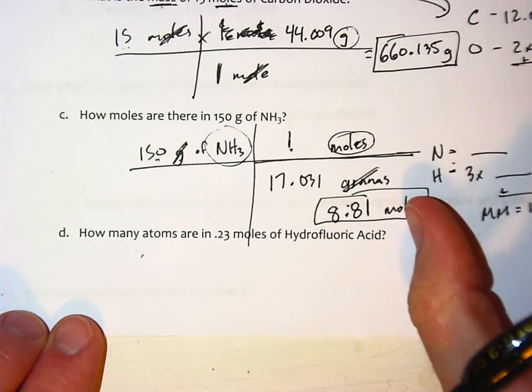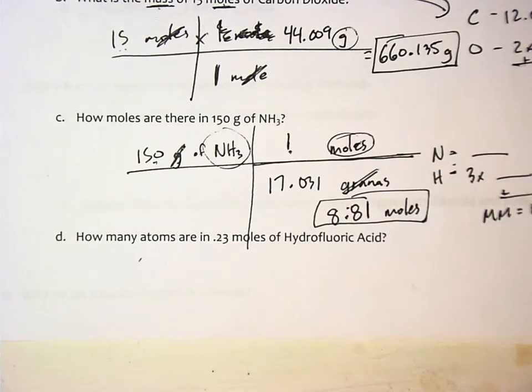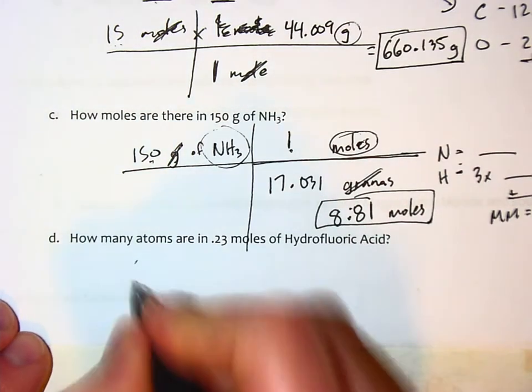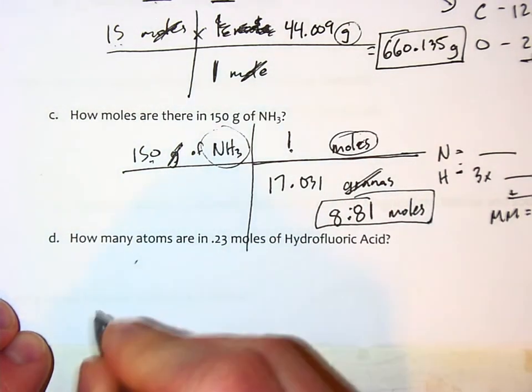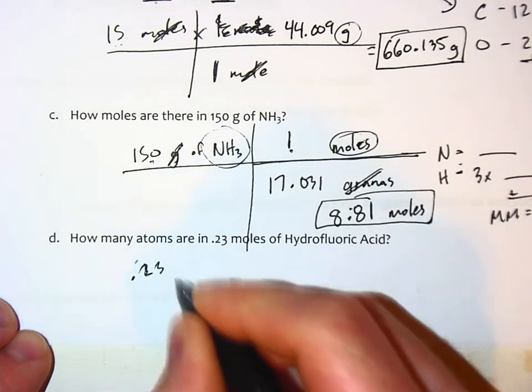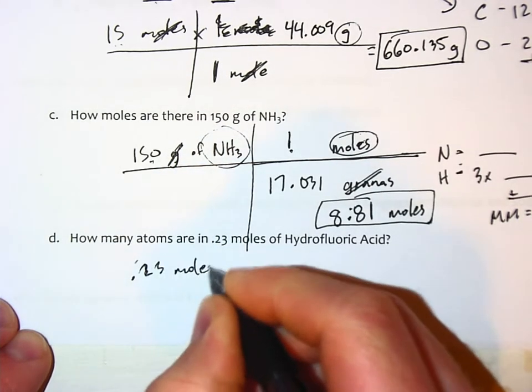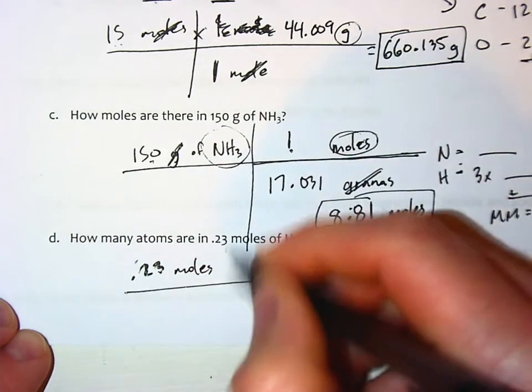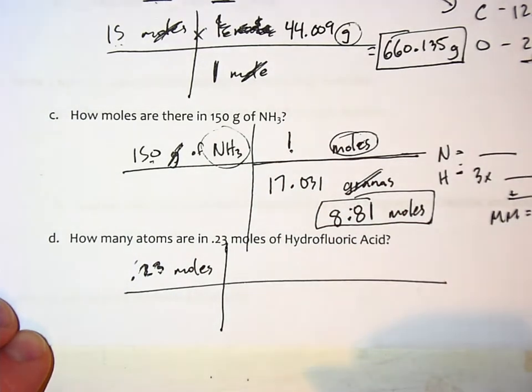Part D, how many atoms are in 0.23 moles of hydrofluoric acid? Okay. So here, I'm going to start with what we know. So 0.23 moles. And I want to get to atoms.